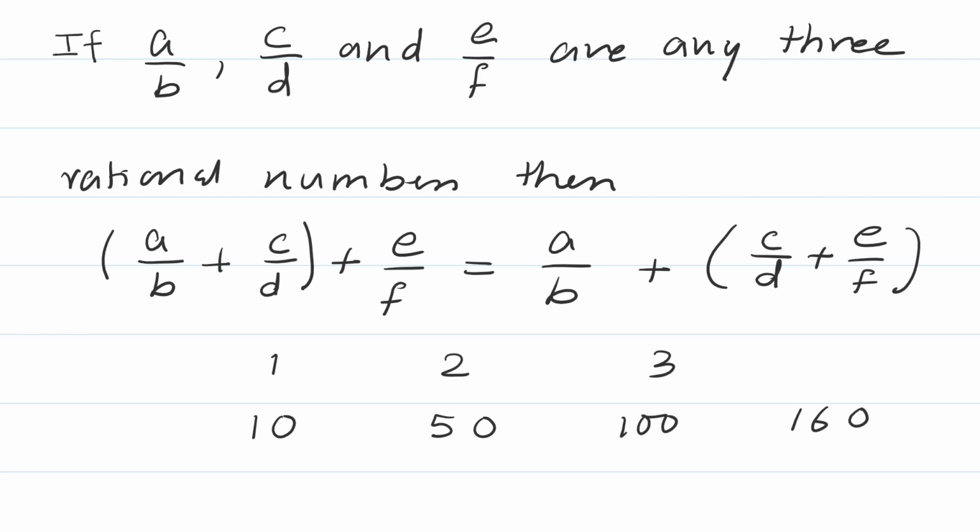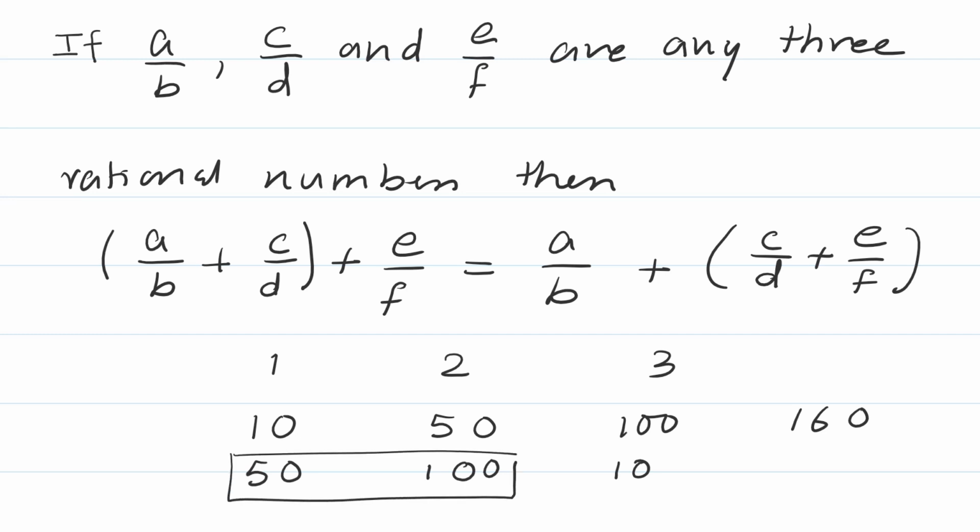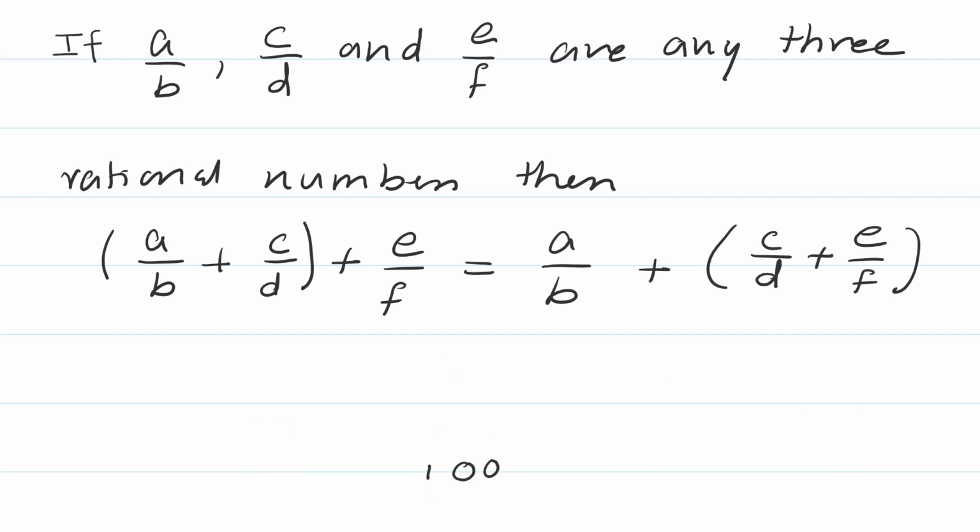But if you buy first 50 rupees item, then 10 rupees, then 100 rupees, 50, then 100, then 10, then total will be 150 plus 10, same, 160. So we can combine in any order.